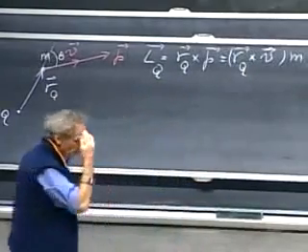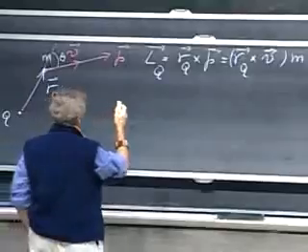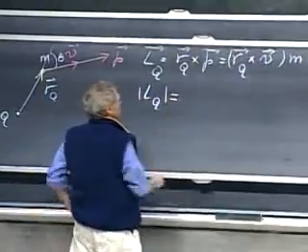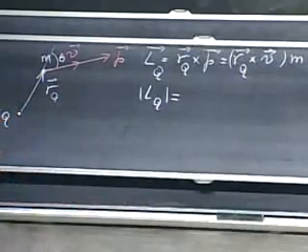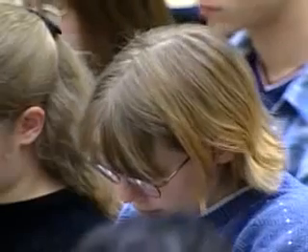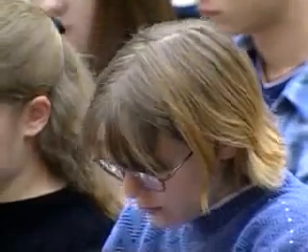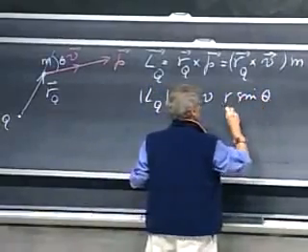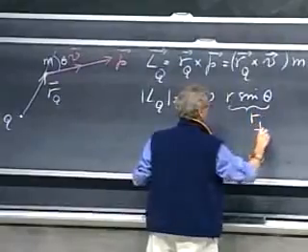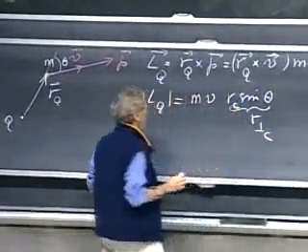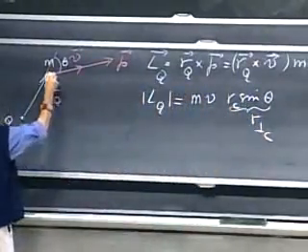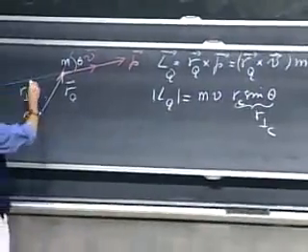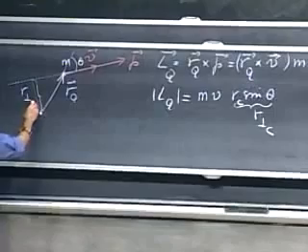The magnitude of the angular momentum relative to point q is of course rmv, but then I have to take the sine of the angle theta. So let's say it is mv r sine theta. And this I often call, shorthand notation, r perpendicular. That r perpendicular is this distance relative to point C.